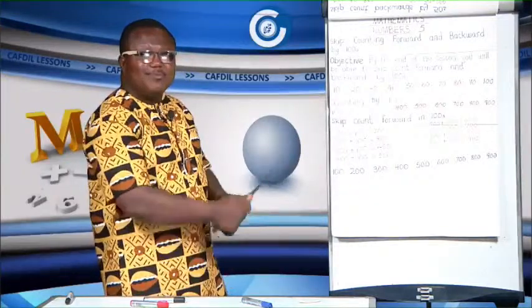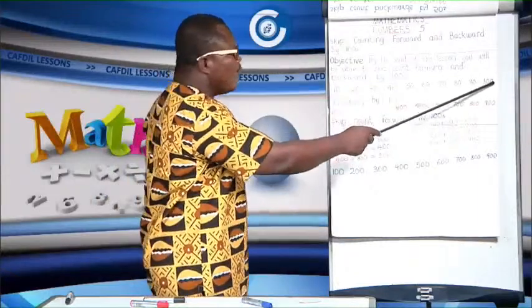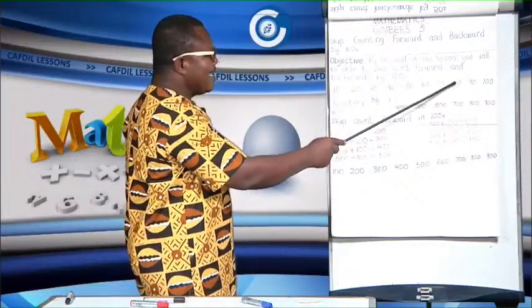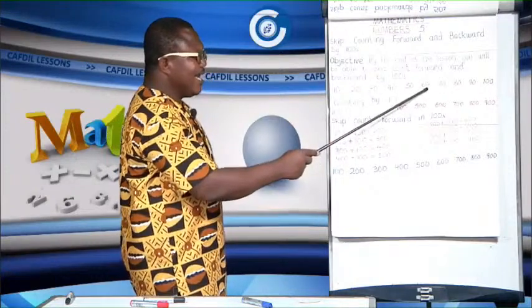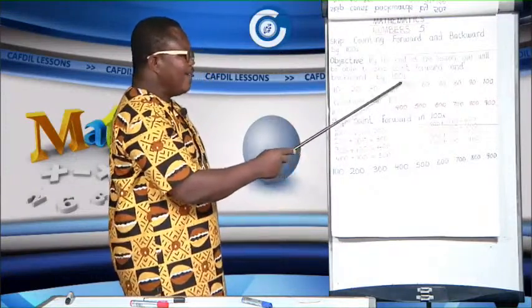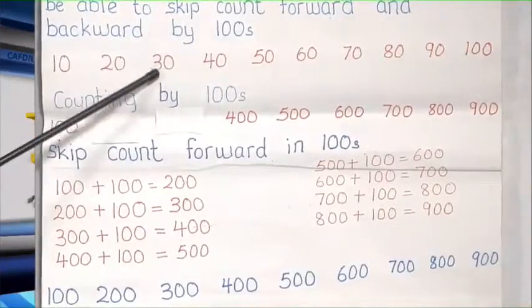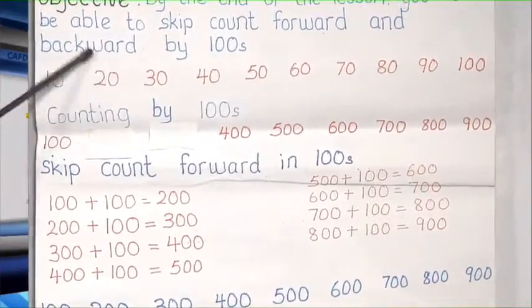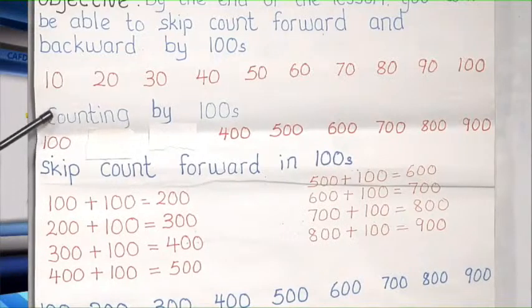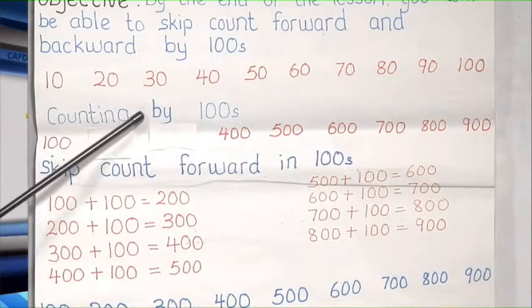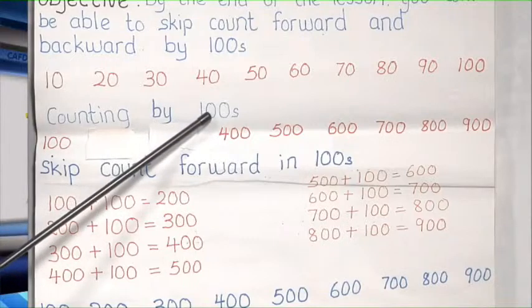When I want to count backwards, it means I have to start from here: 100, 90, 80, 70, 60, 50, 40, 30, 20, and then 10. So here we said we want to count by hundreds.